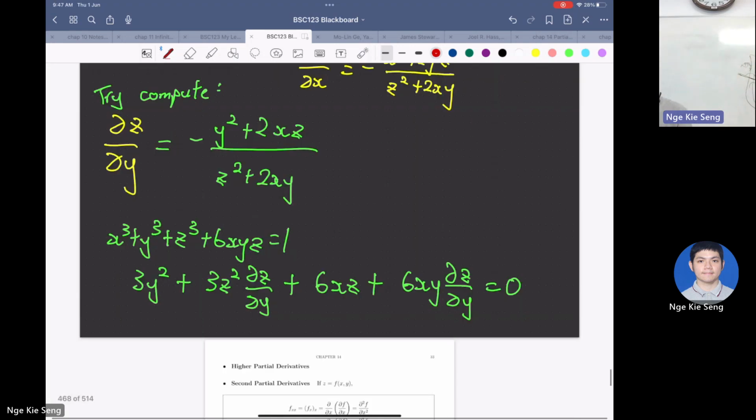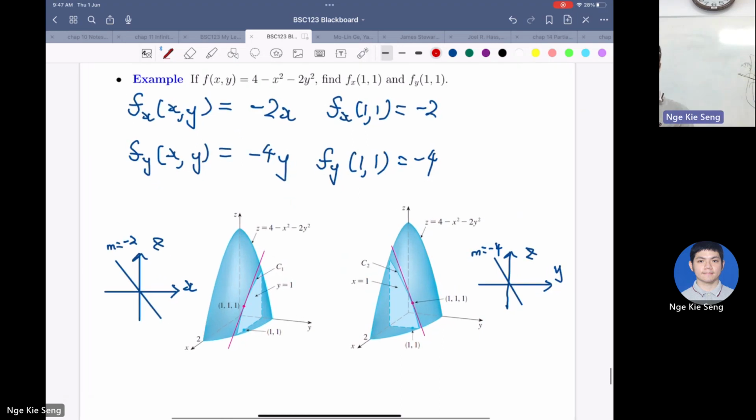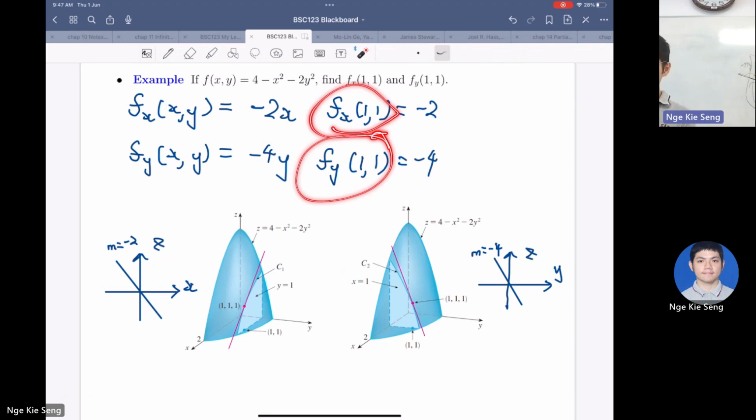Remember the example just now. Let's go back to the example. See this example? Right. So we evaluate the partial derivative at a point, we get a slope. Yeah, we combine together, we take a linear combination. We consider all the points as a linear combination of these two vectors. No need.